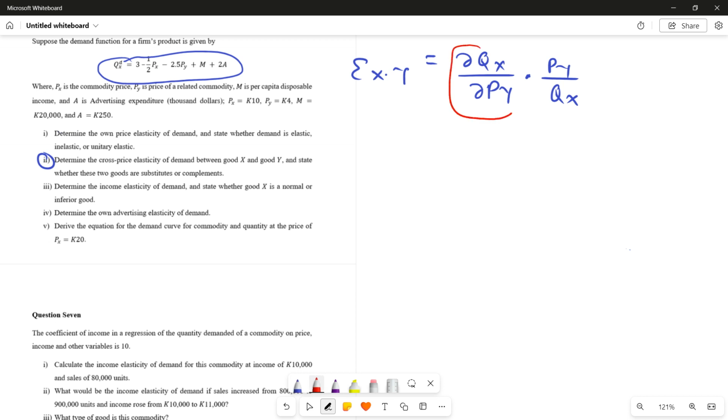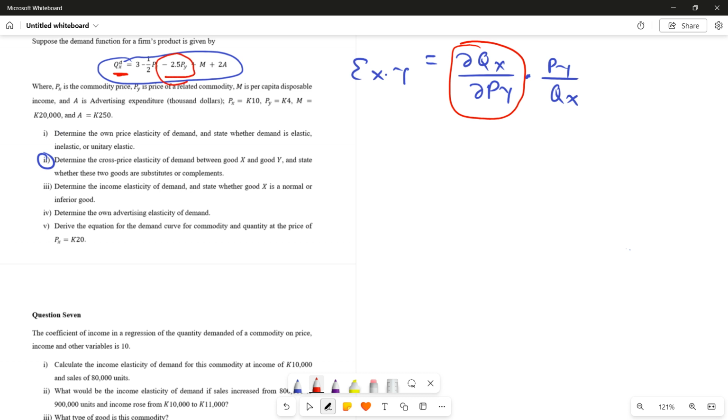This term there, the one we've circled in red, is telling us that we are differentiating partially, right? We are partially differentiating the demand function of good X, which is that function there, with respect to PY.